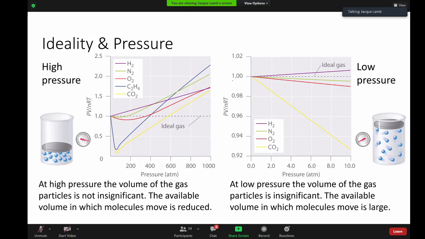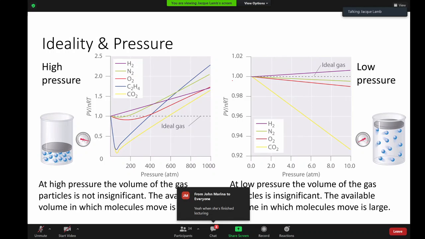And gases are matter. Our definition of matter is that it has mass and occupies space. So the volume of the particles is not zero. It is small compared to the container, but it is not zero.